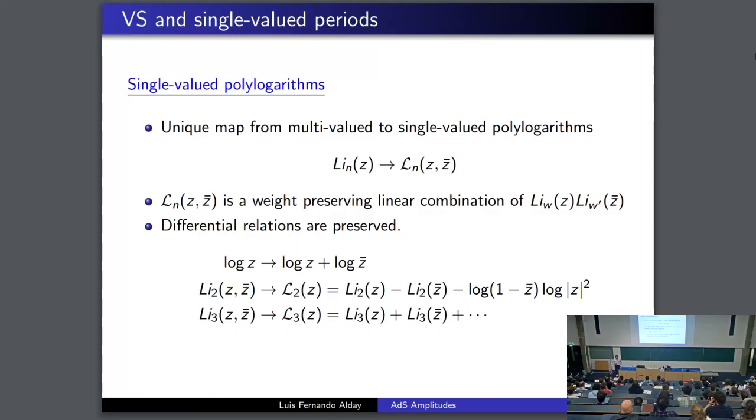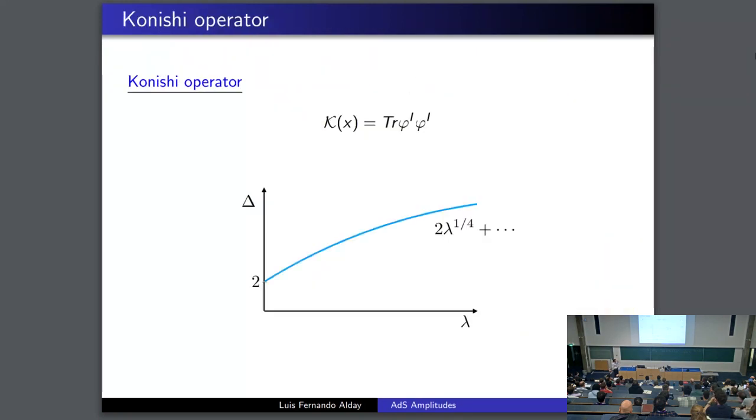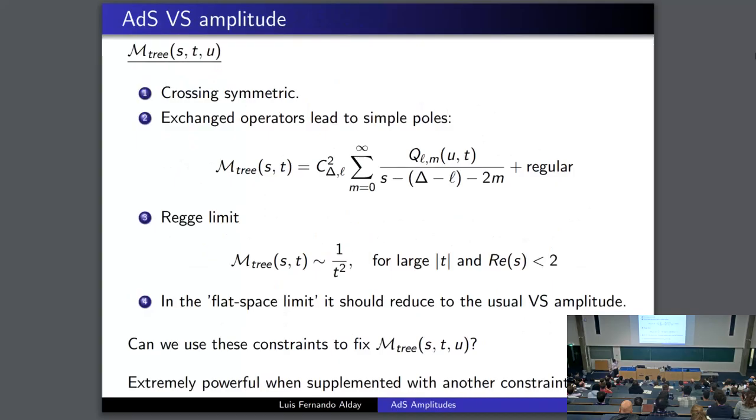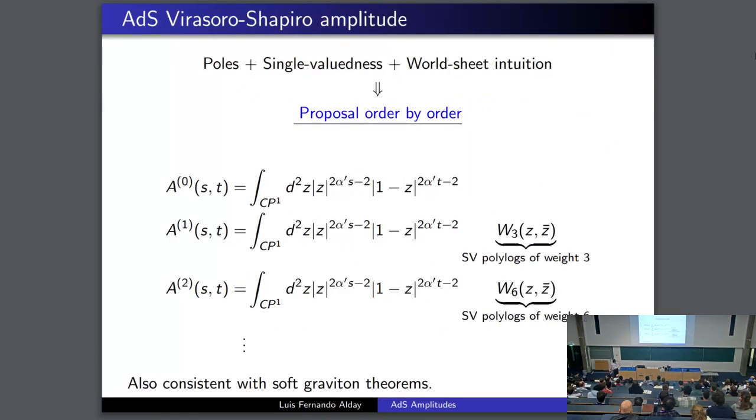Of transcendentality 3. So what we are going to say now is that whatever it is, the first correction to the Virasoro-Shapiro amplitude is the same integral representation as the Virasoro-Shapiro amplitude with the insertion of single-valued polylogs of weight 3.